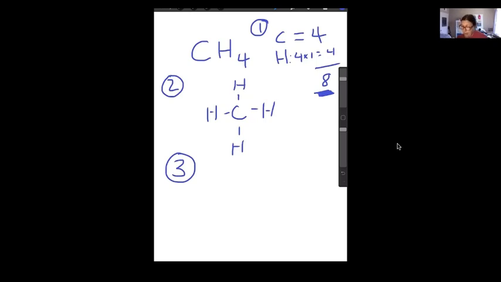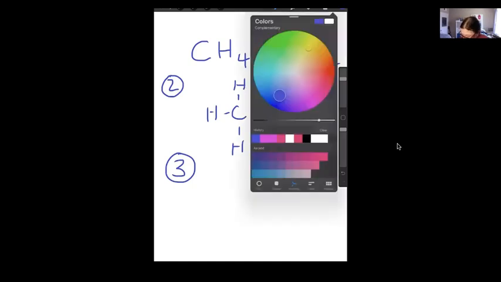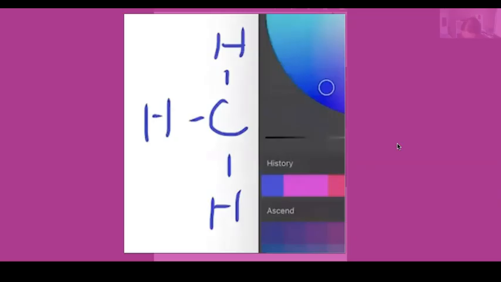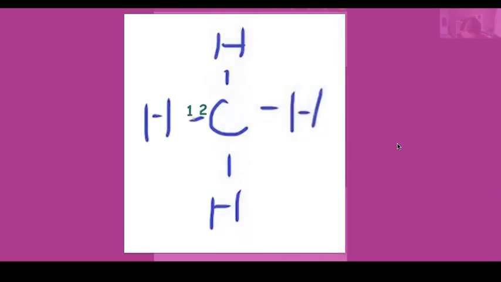So in this case, in CH4, I know I have to get to 8 total electrons, and I know that each bond is 2 electrons. So I just count. Let me show you with a different color my counting. Okay, so I just count 1, 2, 3, 4, 5, 6, 7, 8. And there I have now placed my 8 electrons.